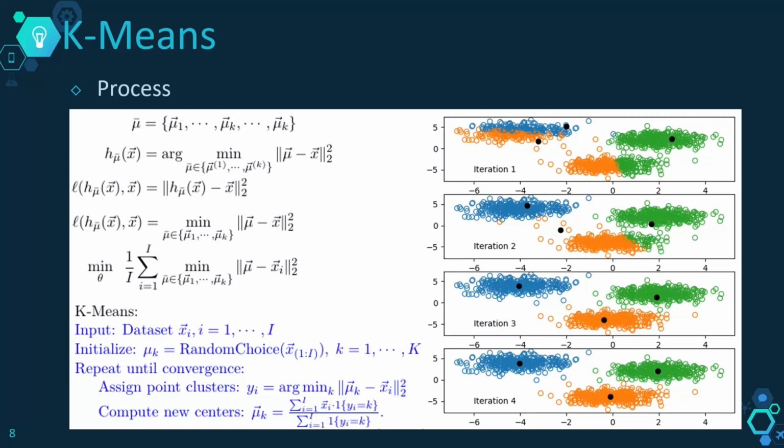Next, the loss function for any point. That's not for all the data points, but for one point, vector x, because for all the points we use the bar, capital letter X, right? For one point, that's the whole unlabeled data set. But for one point, we use a vector x. So you can see that the loss function for one point is to get the distance from x to the nearest center, right?